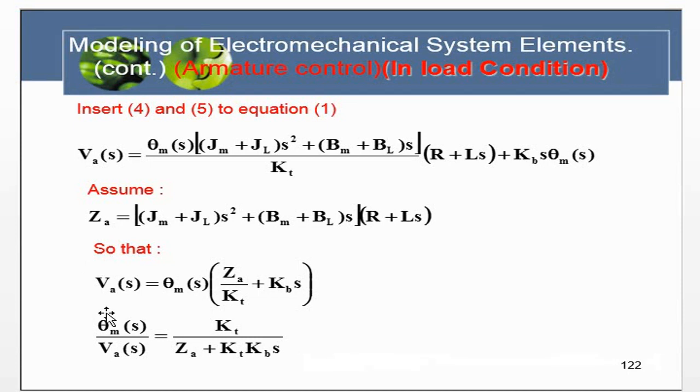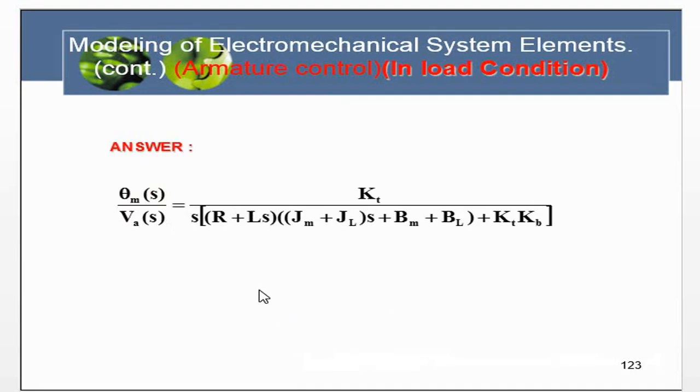And then Va becomes simple, becomes like this: theta m(s) in the bracket Za per Kt plus Kb s. Okay, theta m is the output, and Va is the input. The transfer function is theta m(s) per Va(s), equal to Kt per Za plus Kt Kb s.